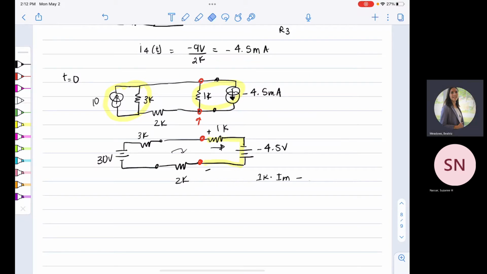Minus, sorry. That makes sense? Why is it minus? Okay, so let's go ahead and figure out what our current is. So I'm going to put our current here, and we're going to start in this direction for the KVL loop. So what's my KVL?